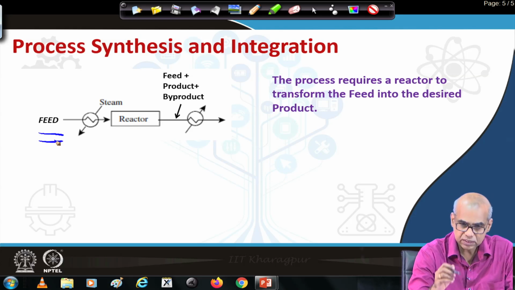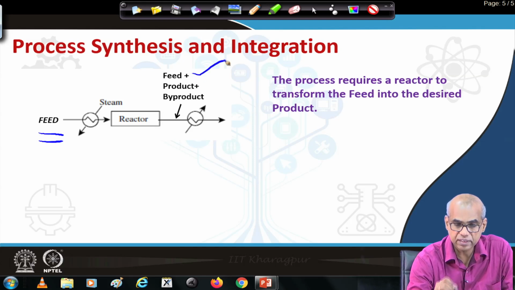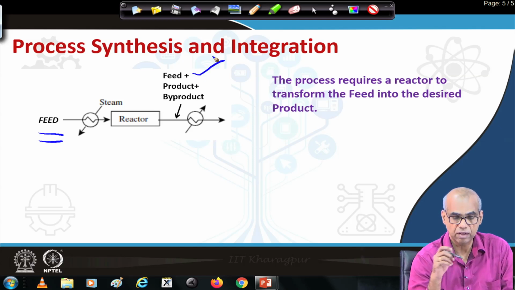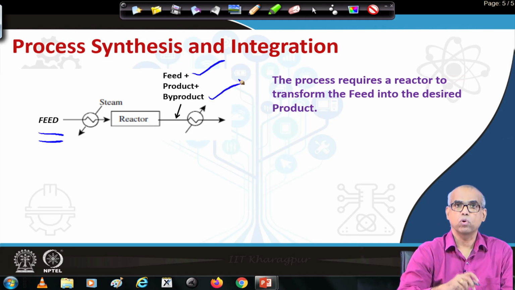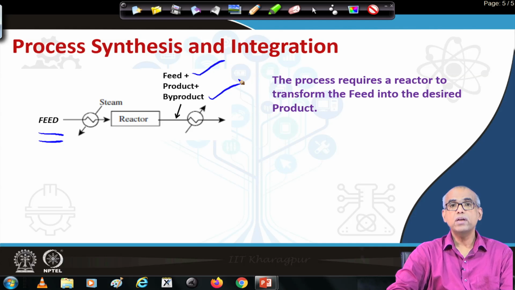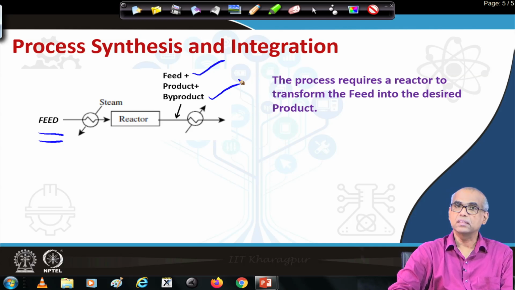So, there will be some unreacted feed in the effluent stream, there will also be some byproduct. So, the effluent stream that comes off the reactor will contain feed, the desired product, as well as it may also contain some byproduct.